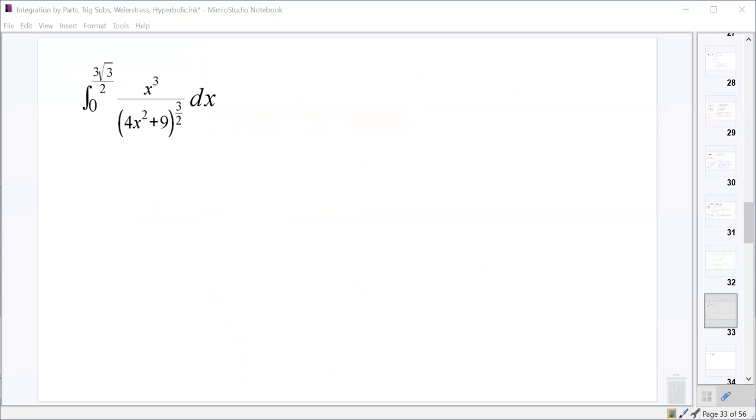The integral from 0 to 3 root 3 over 2 of x cubed over 4x squared plus 9 to the 3/2 power. So what are we going to do with this?